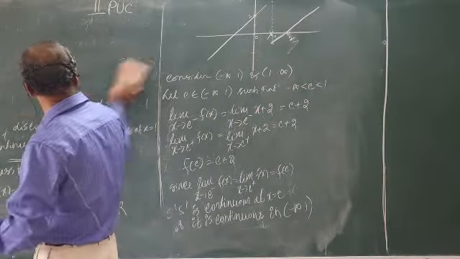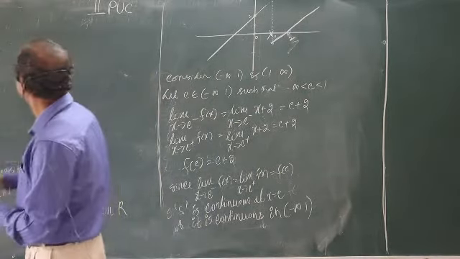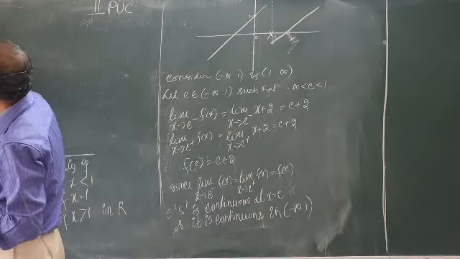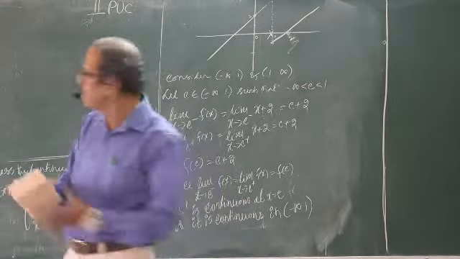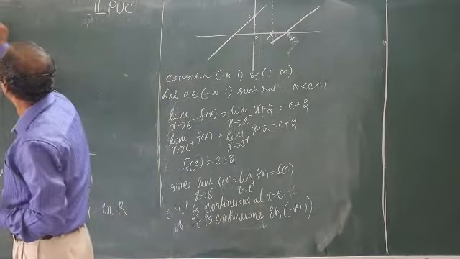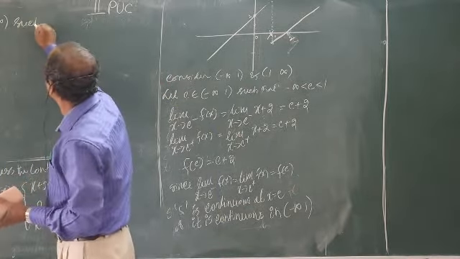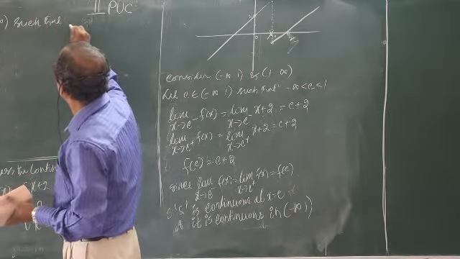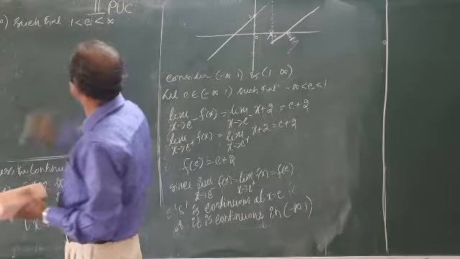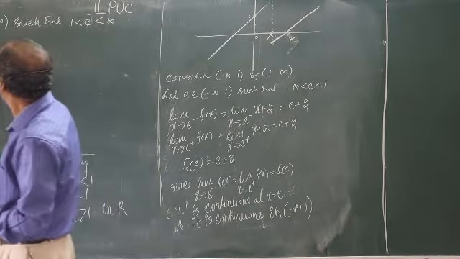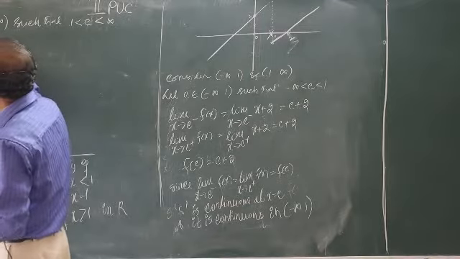Let C belong to the interval 1 to infinity now, such that 1 less than C less than infinity. Limit x tending to C minus f of x.